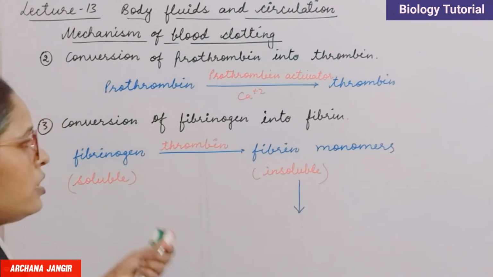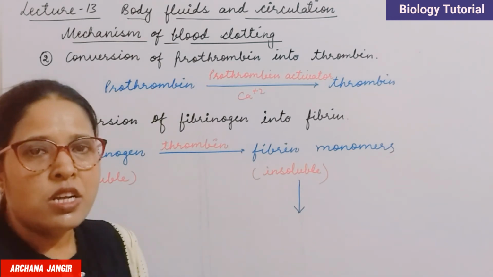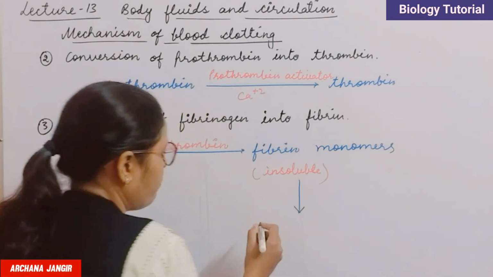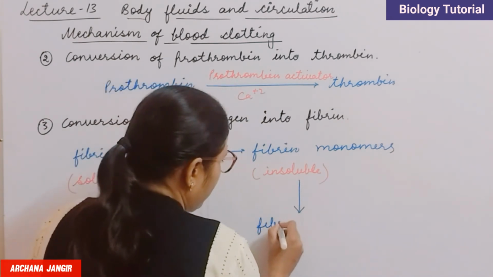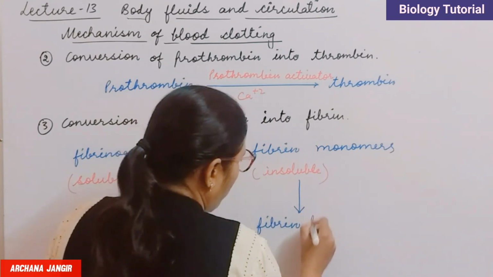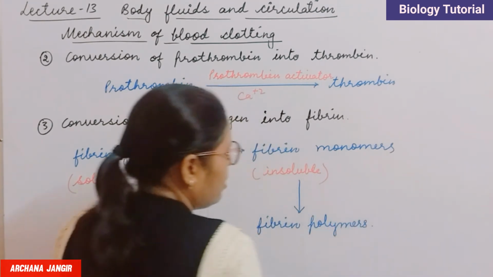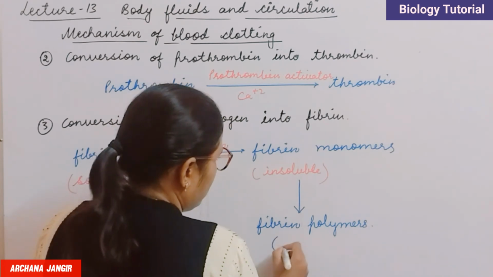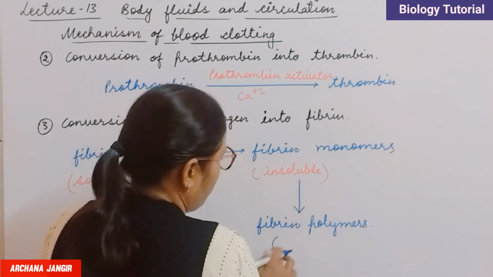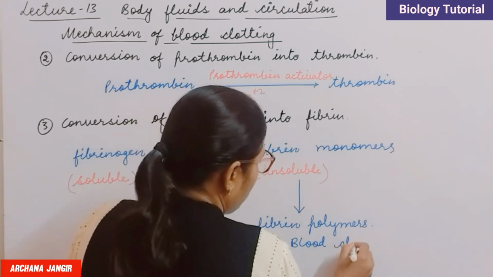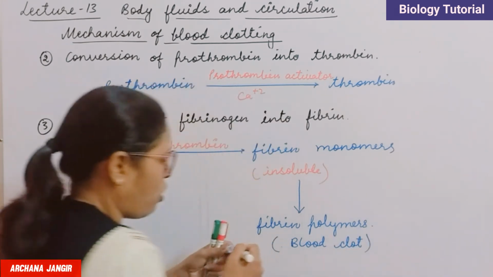After that, these fibrin monomers are getting polymerized and they form fibrin polymers, and this fibrin polymer is the insoluble blood clot. Now these are the thread-like structures, which is the blood clot.